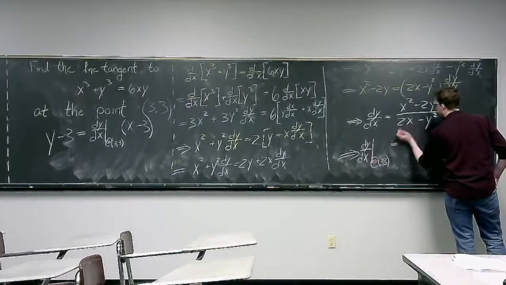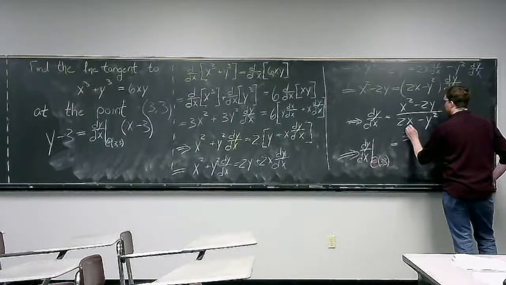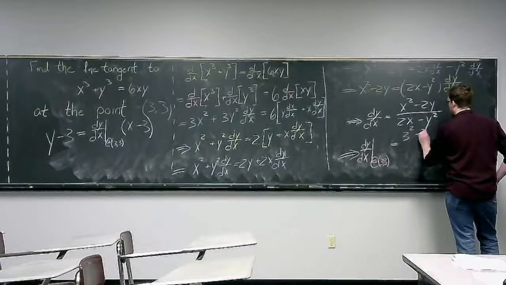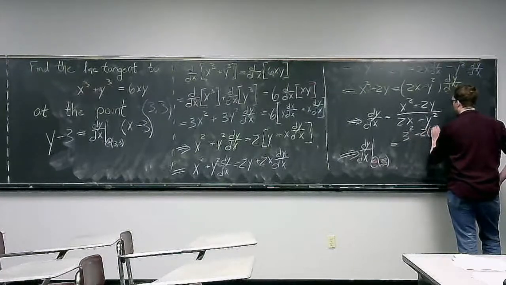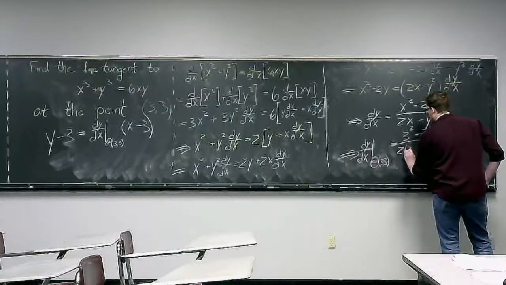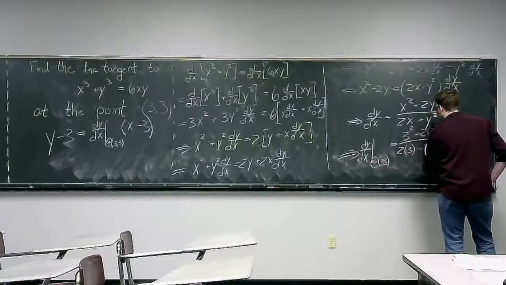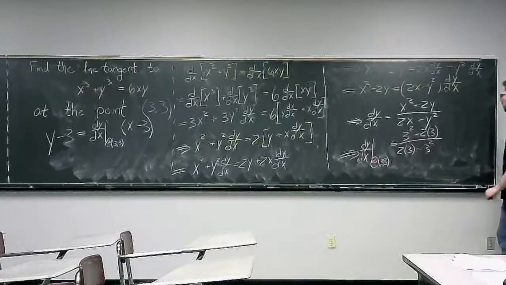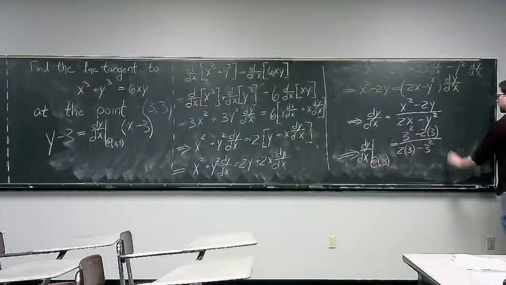So let me actually write all of this out. The quantity 3 squared minus 2 times 3, all divided by 2 times 3 minus 3 squared. Well, hey, that's negative 1.